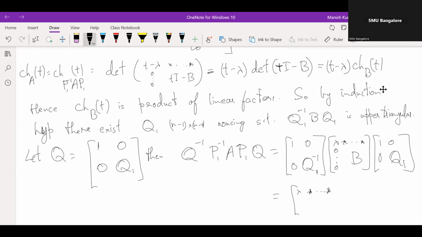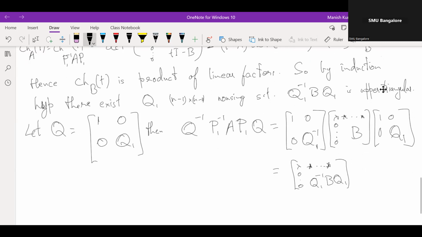It may change because you are multiplying, but this will be 0. And this piece is just going to be Q1 inverse B Q1, because here you have zeros, and the top is also 0. So this piece of the n cross n block is going to be this.